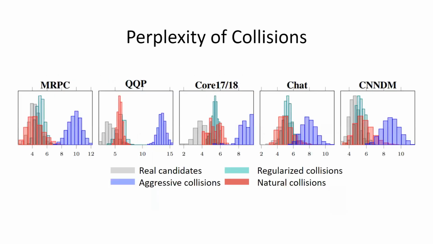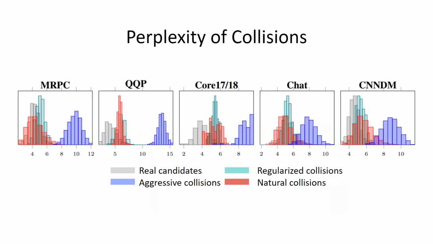And finally, I want to show you the perplexity scores of these collisions. And here are the histograms of perplexity computed on these collisions and real data from a language model. And the perplexity for real data are shown in the gray histograms.